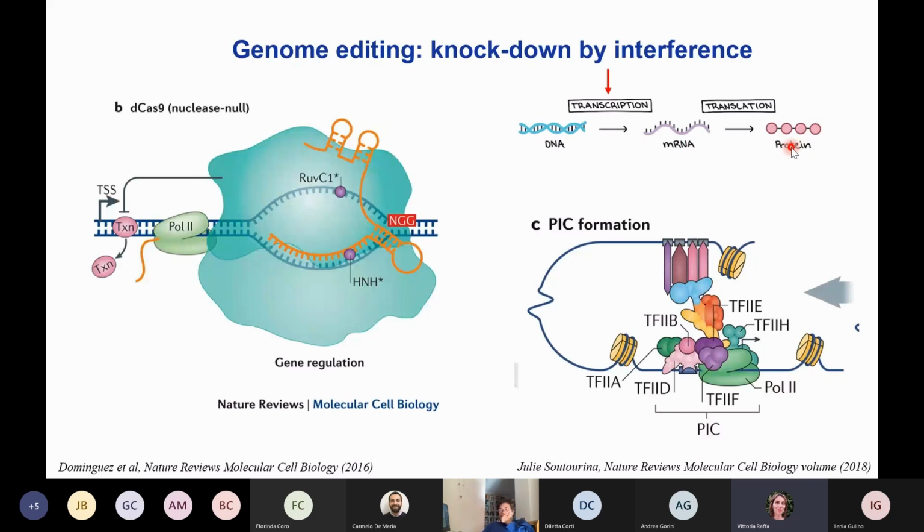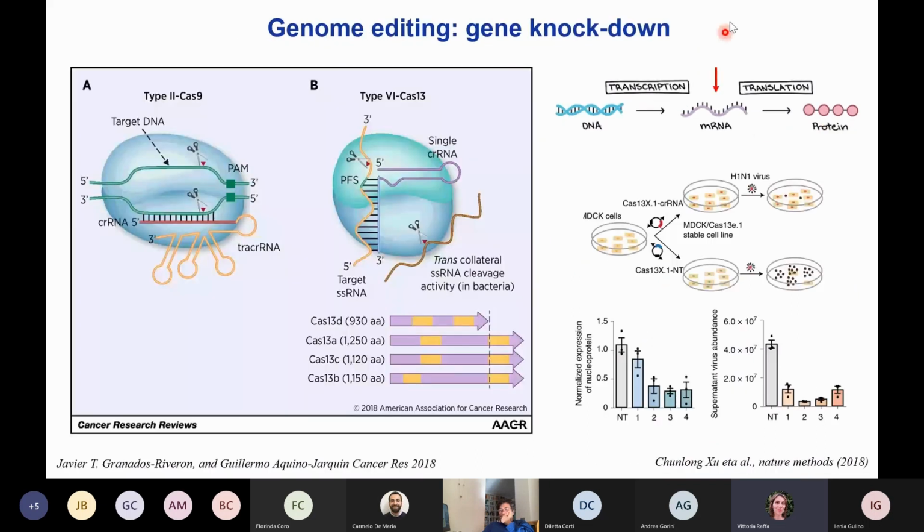Another idea is to create a variant of Cas9, and it exists: the name is Cas13. While Cas9 is able to cleave the DNA, Cas13 is able to cleave the RNA. So when you inject this system into the cells, it can bind to the RNA and cut the RNA rather than DNA.